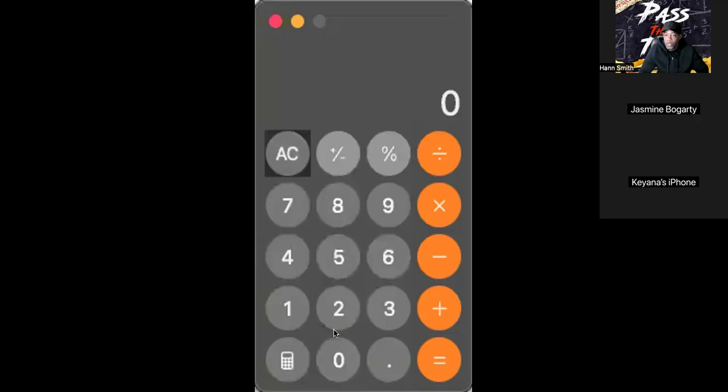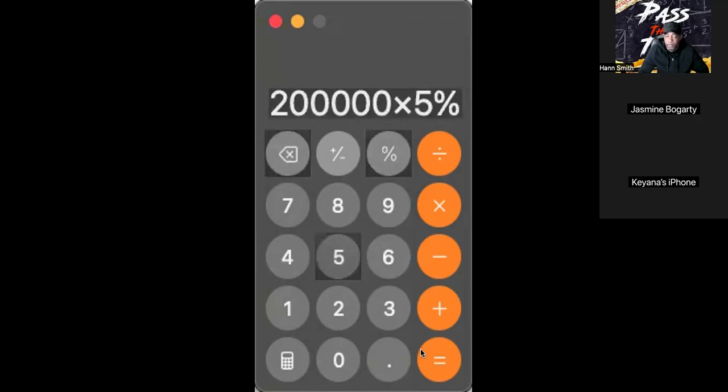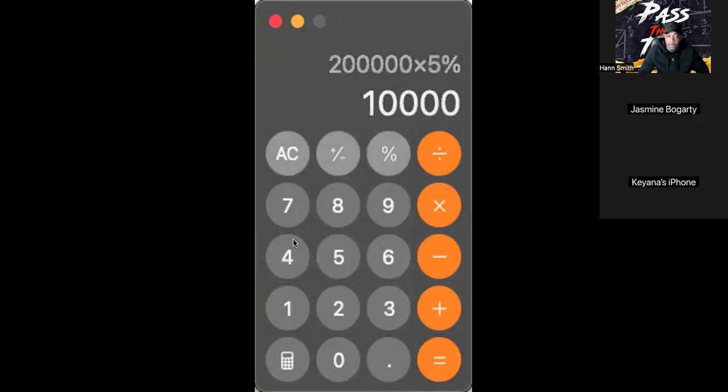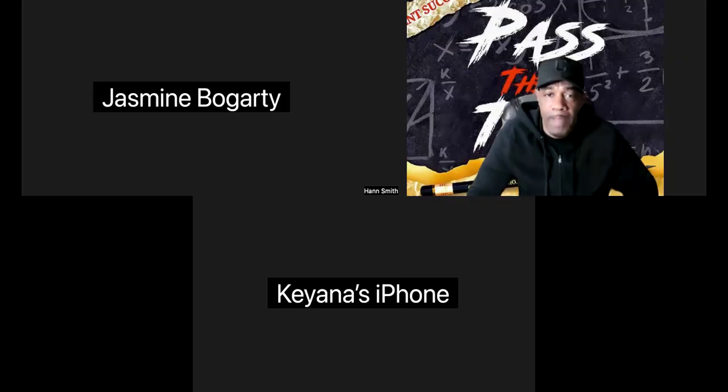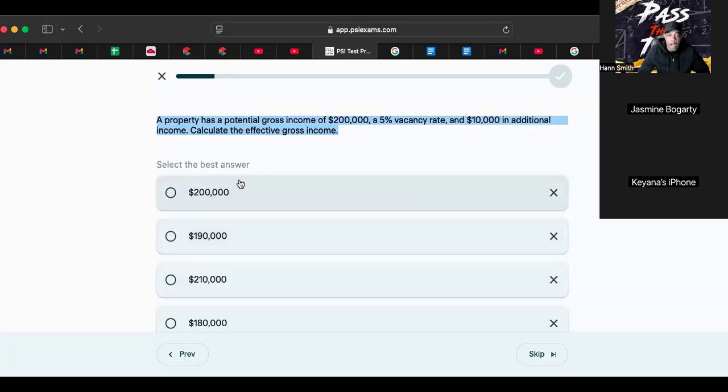So now let's do it on 200,000, right? So we go 200,000 times 5%. That's 10,000. Let me get back to the question. Well, we know it ain't 200,000, because we know that that's the gross potential income.